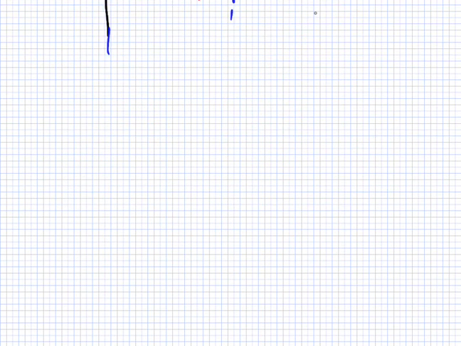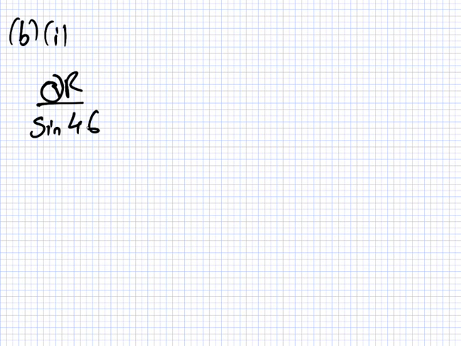So for the B part, let's see, what rule could I use? I cannot use cosine rule, I'll have to use sine rule. So I'll say QR over sine 46 equals 15 over sine 65.